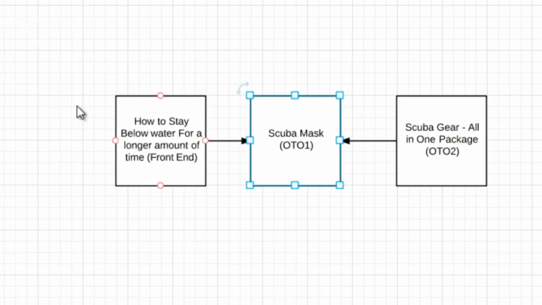You say, okay, I've trained you, I've educated you, and then here's a scuba mask that will help you do just that. And then after they buy that, you could say, we normally sell the scuba gear all in one package for such and such price, but you're going to get 50% off if you buy it right now. So they're already in the frame of mind, thanks to this part here, that they are well educated.